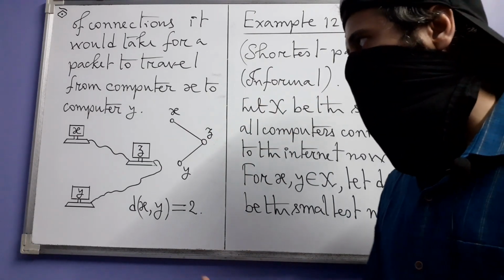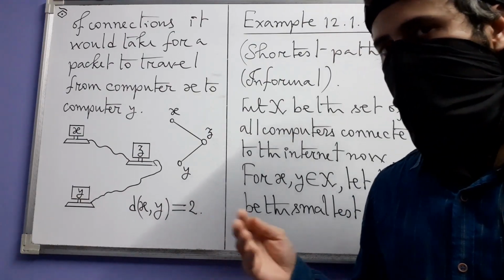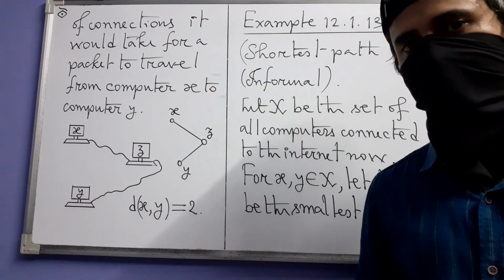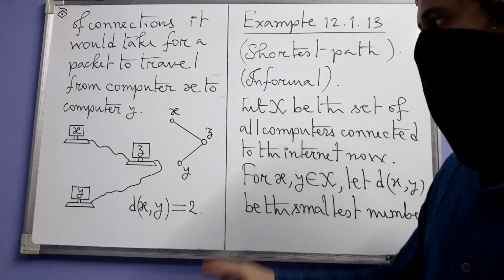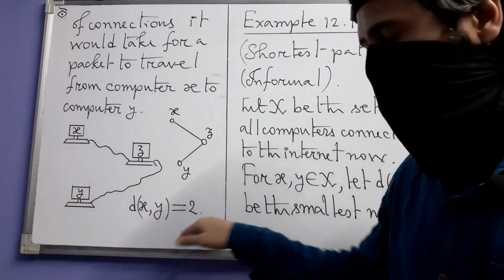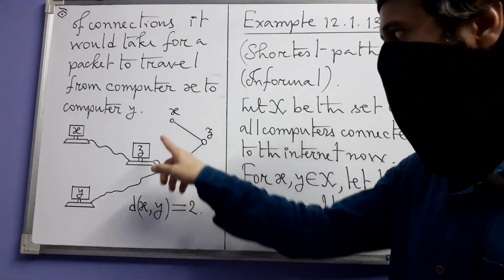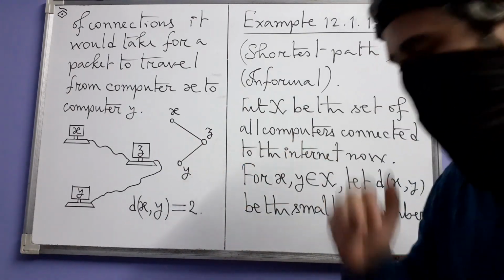So you can clearly see that in this situation what we are really considering is a graph from graph theory. So on a graph, whatever you know as distance between two vertices, it is that same distance.